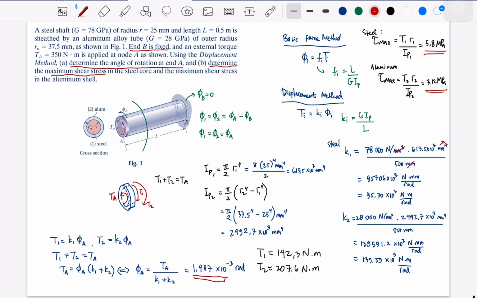So remember, if they are two materials, but they have the same shape, tubular shape, we could say that when they deform, they will be deformed similarly. Okay, so their twisted angle will be the same. So you can say the angle for material 1 that is inside and material 2 will be the same. Okay, so we can take that as our assumption here.